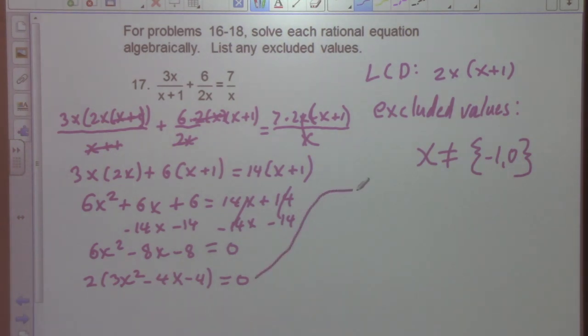Okay, what you can do is you can divide by 2. What happens when you divide by 2? Yeah, so on the right side we have 0, and so if we can factor this out, what is going to be the factored form of 3x squared minus 4x minus 4?